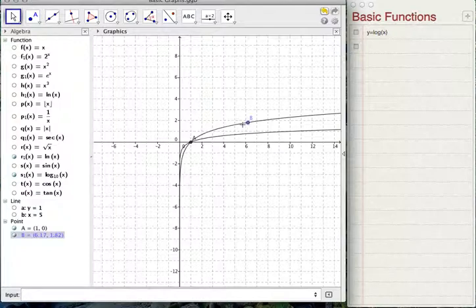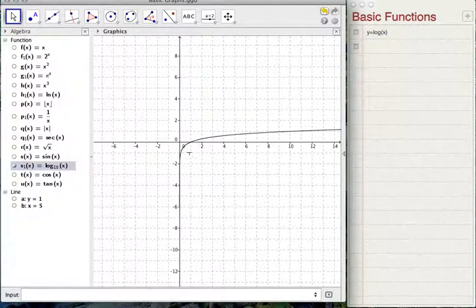So this is the log base 10 function, and some key points that are on it are still the point (1, 0). But the point I was trying to show you earlier, (10, 1), is on here. And the next power of 10 is 100.